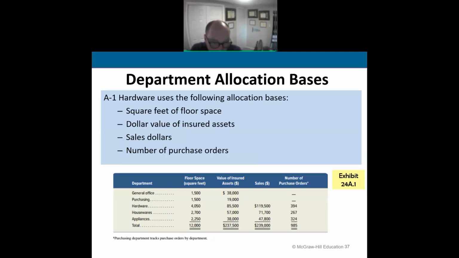The allocation base used is typically square footage. In our example, we have square feet. We have the allocation of assets.